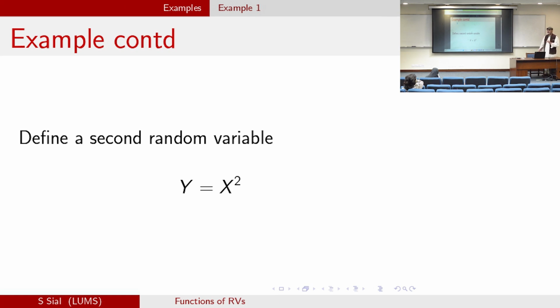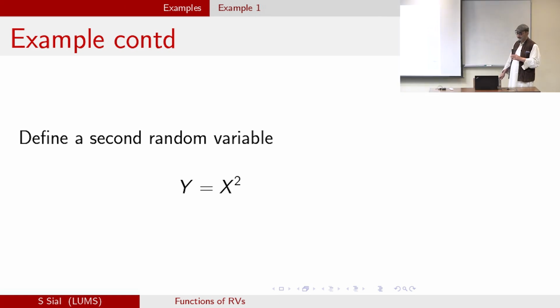Now, it's going to have its own PMF, its own expectation, its own variance, right? So we would like to know, if I know how to get from x to y, are there some rules that can tell me how to get from, say, the PMF of x, and I should be able to get the PMF of y, for example. It should help me get the PMF of y.